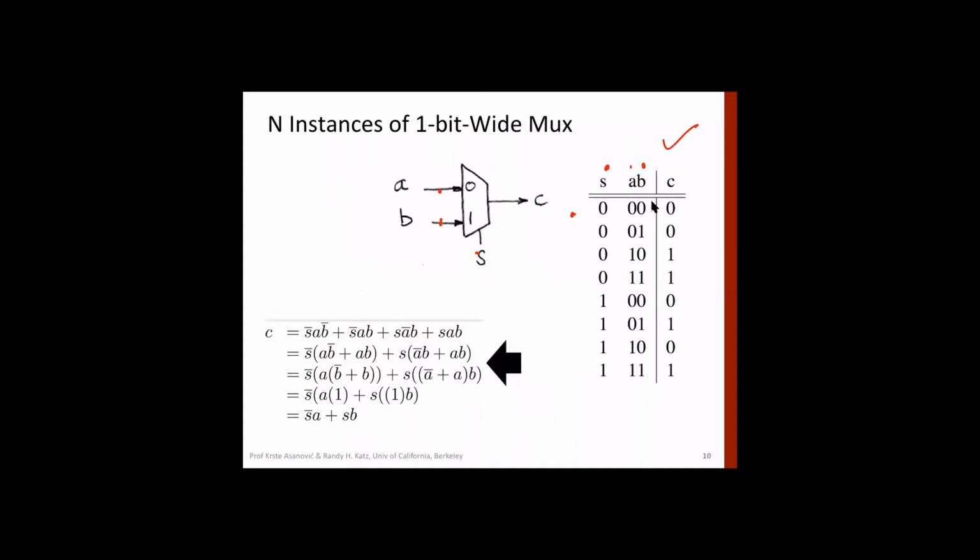And if s is equal to 0, then something that is representing A will go to output, right? So these 4 bits will simply go to output. If s is 1, then, oh, I'm sorry, the first one was here and this is the second one, it will go here.